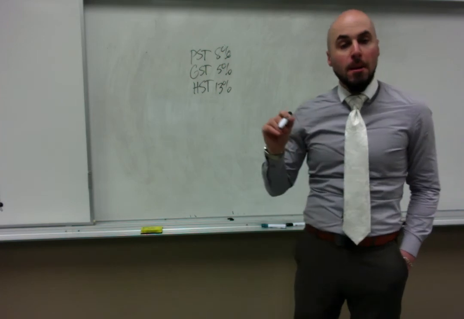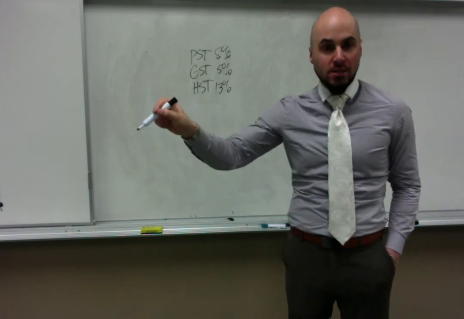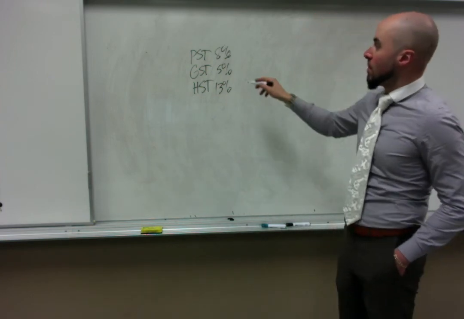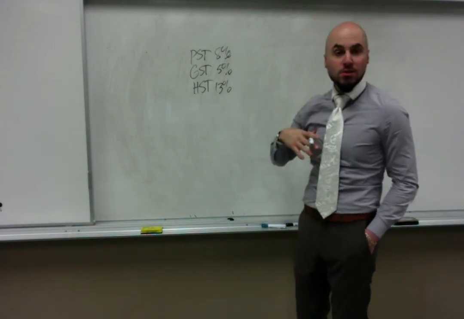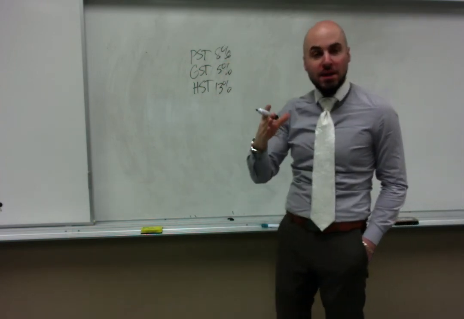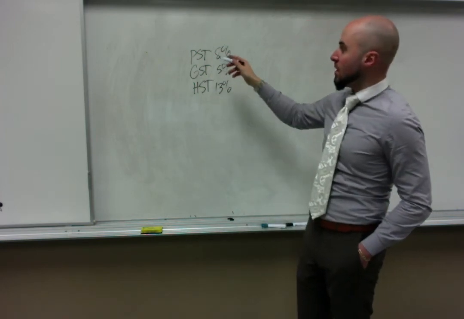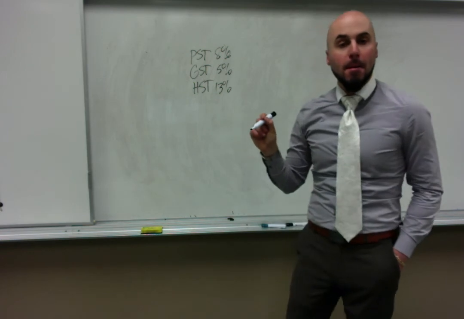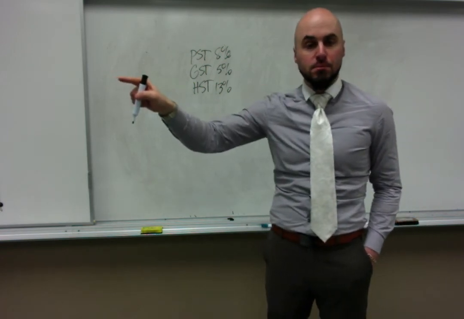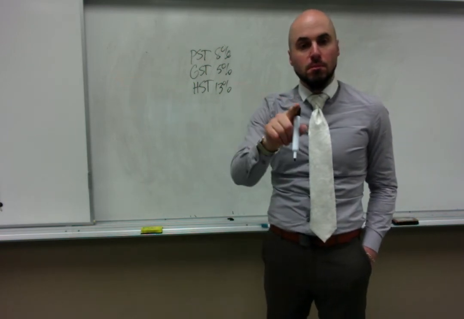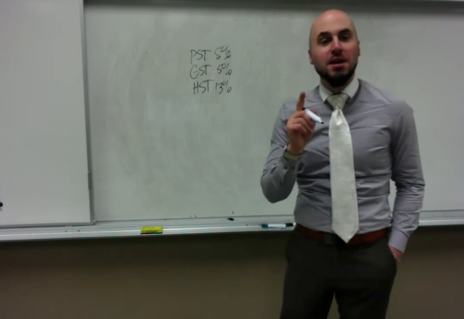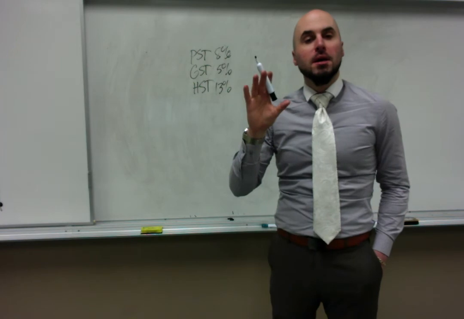If we are paying the tax, meaning it's connected to our purchases of the inventory, we have to keep track of those taxes using PST receivable. PST receivable, and we'll explain why.